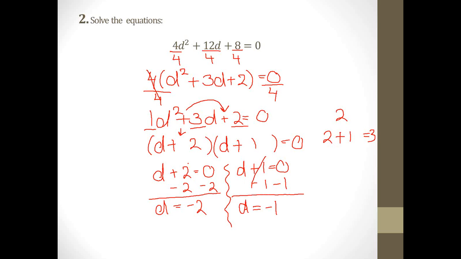Sorry, I should have canceled these out. Don't want to confuse you. So our solution set for this problem is -2, -1. Both of these answers are correct. And in your packet, this is answer choice A.